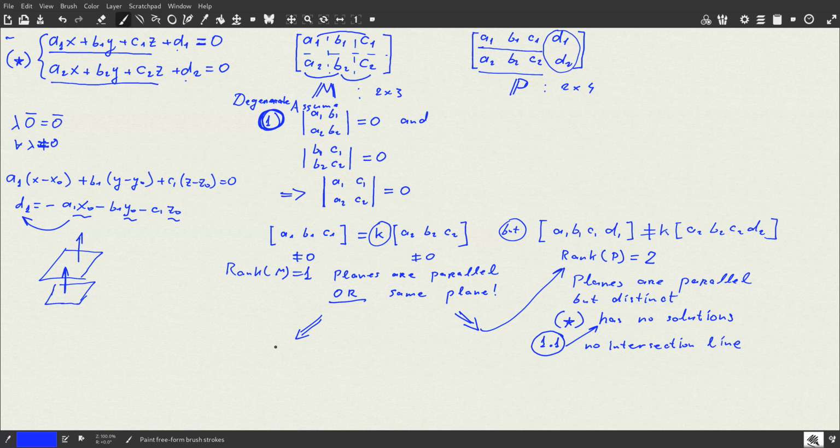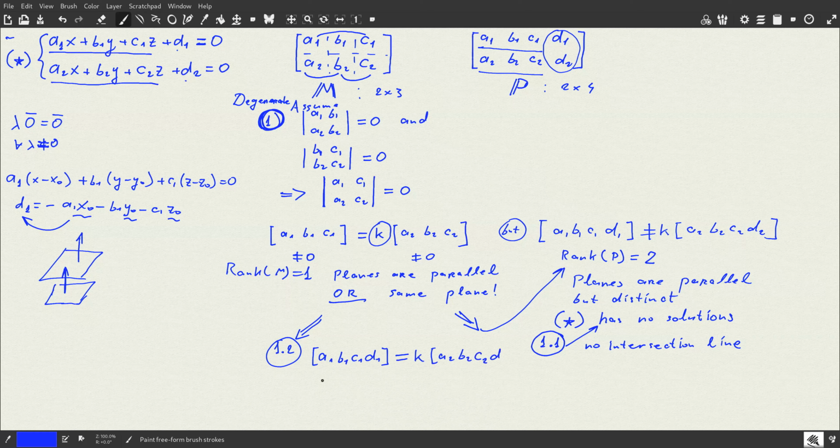Or we can have case 1.2 when in the extended matrix P, the rows are also proportional to each other. So A1, B1, C1, D1 is equal to a certain factor K times A2, B2, C2, D2.